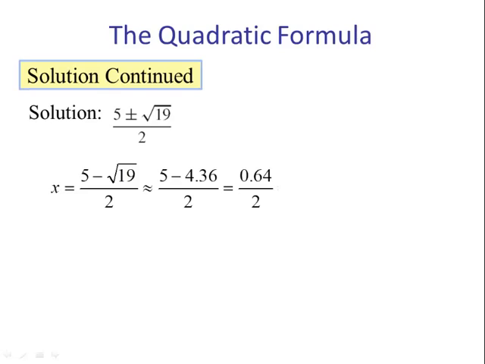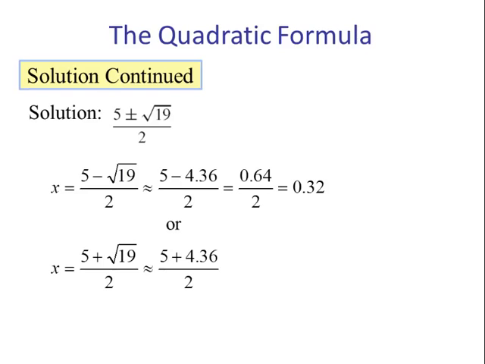And that gives us 0.64 divided by 2, which is 0.32. For the other solution, this is now 5 plus 4.36 divided by 2, which is 9.36 divided by 2, which is 4.68. So the approximate solutions for this quadratic equation is 0.32 and 4.68.